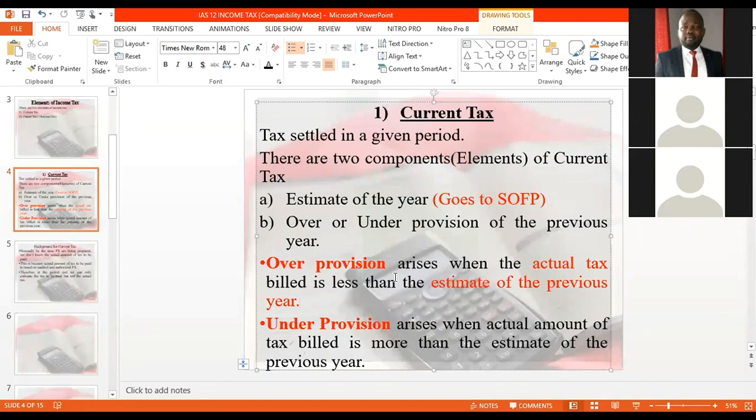Year. Under provision arises when the actual amount of tax is more than the estimate of the year. So that is what you should be looking at.